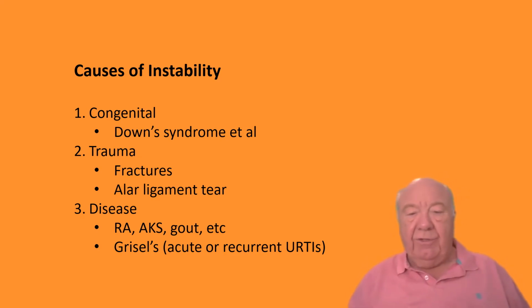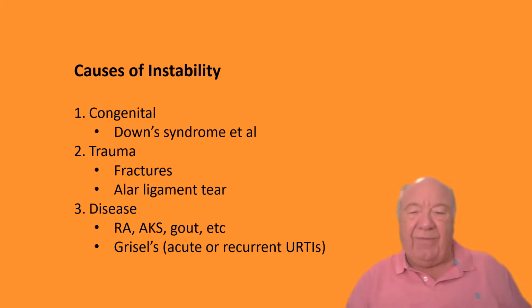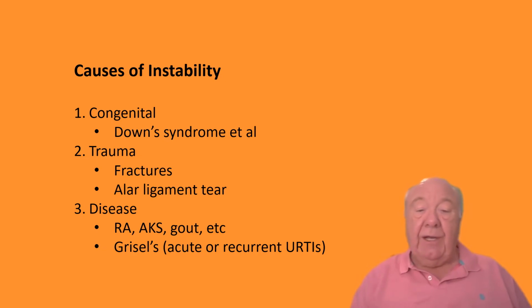Mostly you'll see these in children. Every now and then an adult will have idiopathic instability here, which may be due to Grisel's. It looks like the infection actually tracks backwards from the upper respiratory tract via the pharyngovertebral veins and then affects that whole area and makes it unstable.